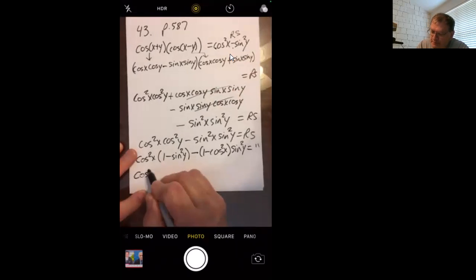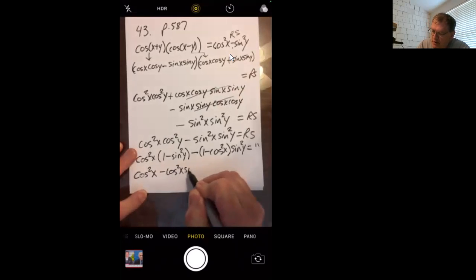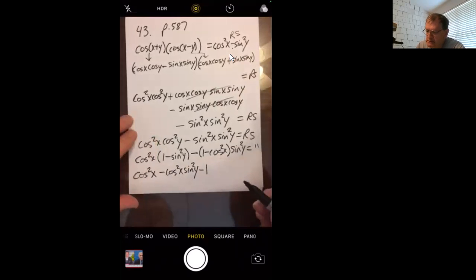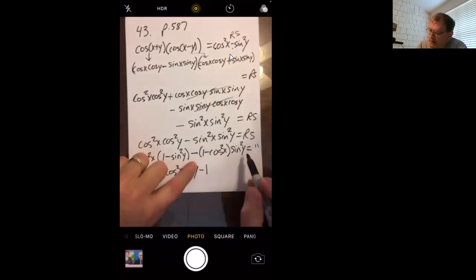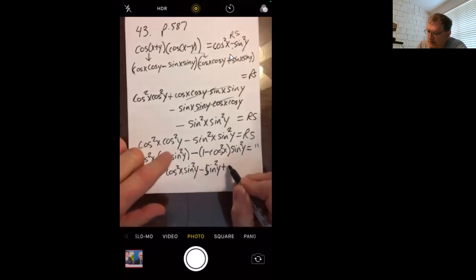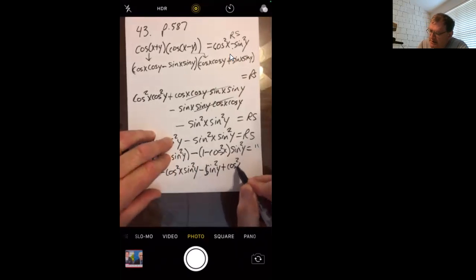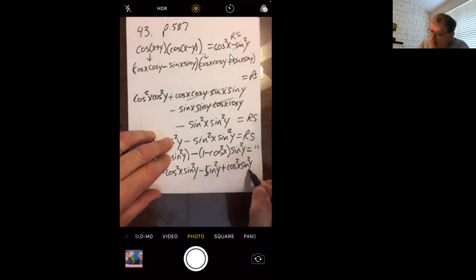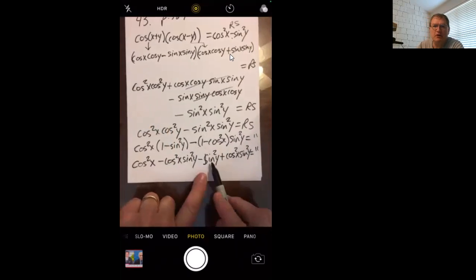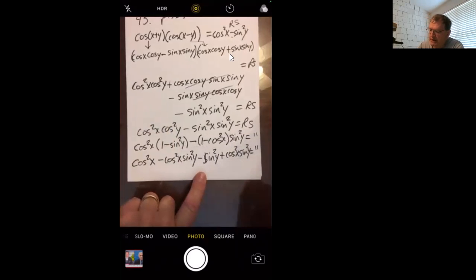Cosine squared x, minus cosine squared x sine squared y, minus 1. I'm sorry, not minus 1. You're distributing from the backside. Minus sine squared y plus cosine squared x sine squared y equals your right side. So you're getting minus sine squared y, and then negative is positive, and then write these two together.